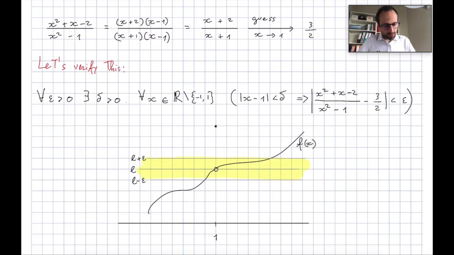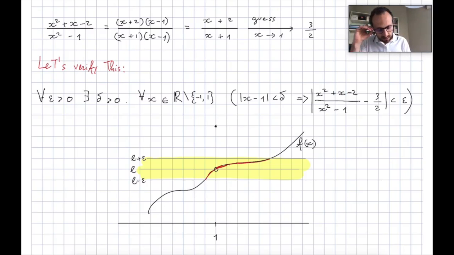This condition here means that the function f has to be close to 3 over 2. In this case, 3 over 2 is our value L, and so we have to be in the yellow region. So when is the function f in the yellow region? Well, in this area, in this part here.